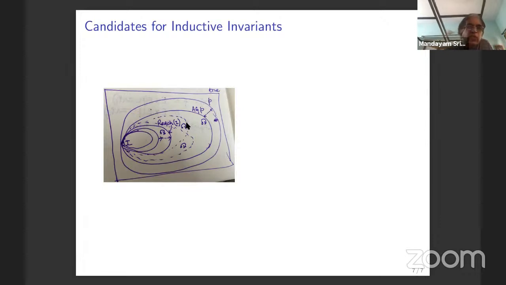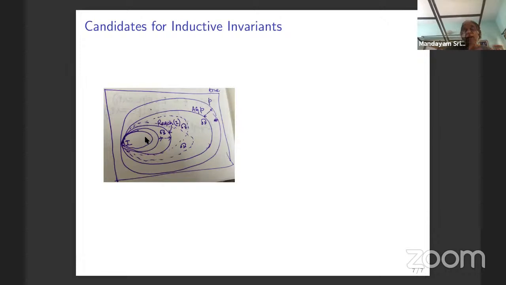The idea is to get to these kinds of things, the inductive invariants indicated by the dotted circles. So those you can get using the forward method if you started with an over approximation to I. Suppose you started with an I, a superset of I.